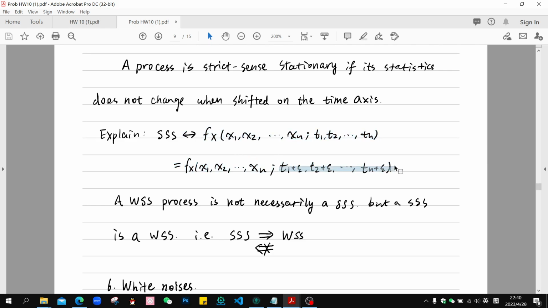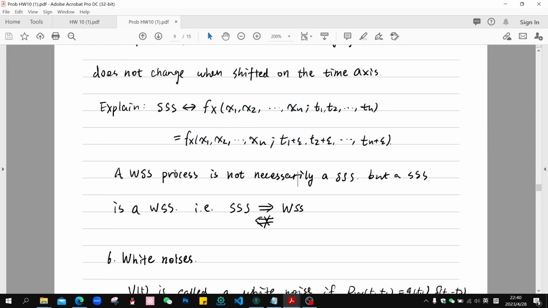Note that the t's are all shifted with the same amount, and the values are all the same. A wide-sense stationary process is not necessarily an SSS, but an SSS is a WSS. So it goes this way instead of that way.